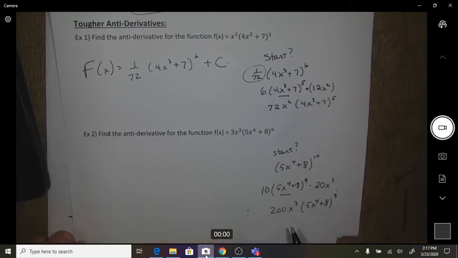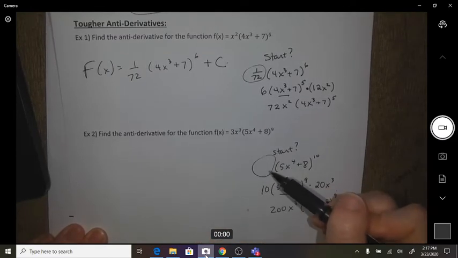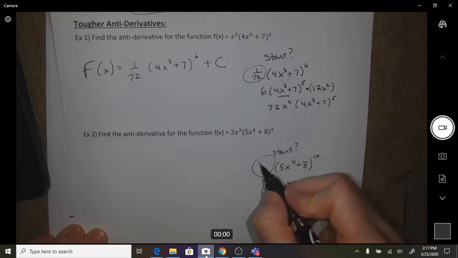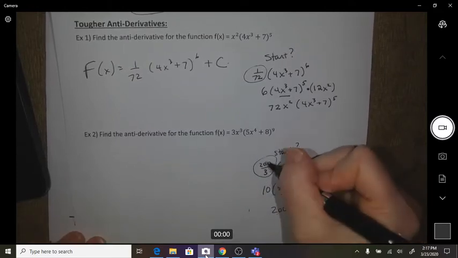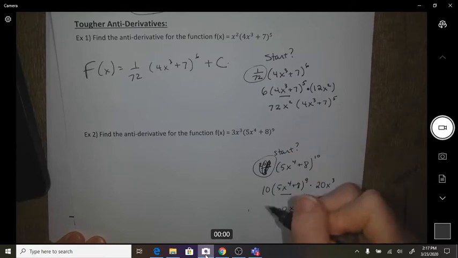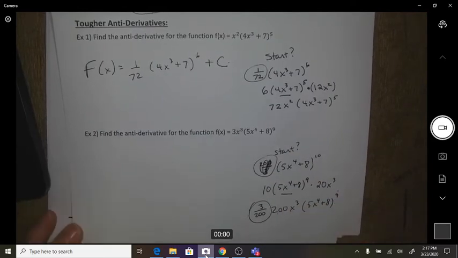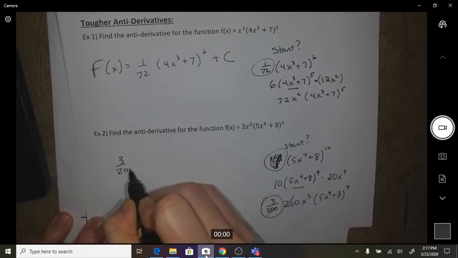Looking at this compared to what I have, what would I need in the front to change this 200 into a 3? So 200 divided by 3. Oops, sorry, other way around. I would need a 3 divided by 200 because I want to get rid of the 200. So 3 over 200.